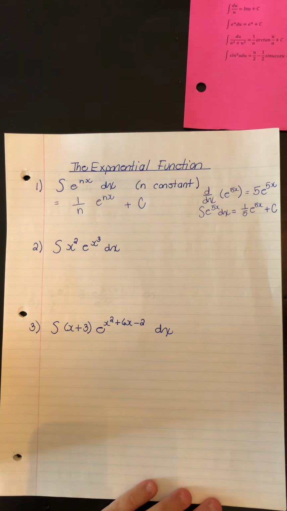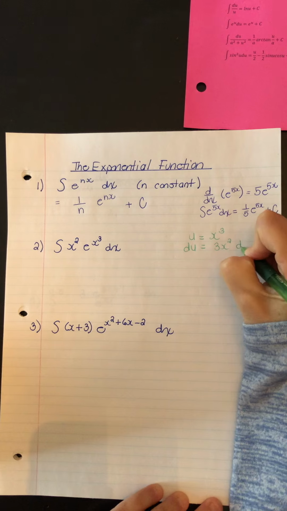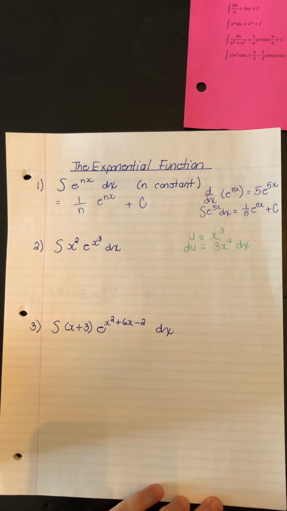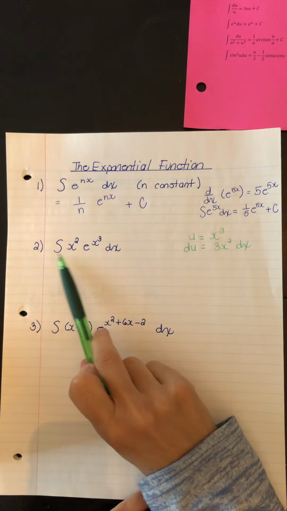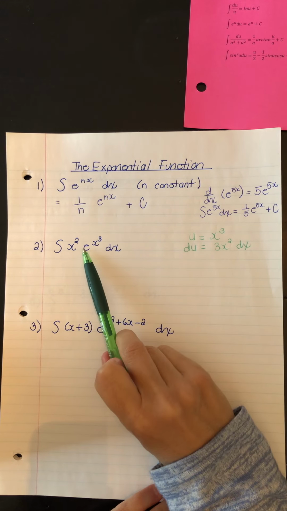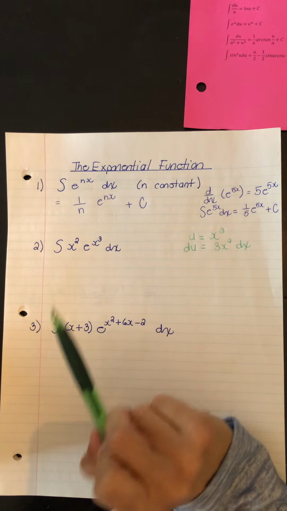So then what is du? Du is 3x squared dx. And now we take a look here. Of course, this is going to be rewritten. This part will simply be e to the u.